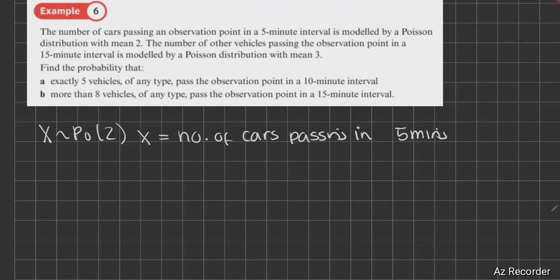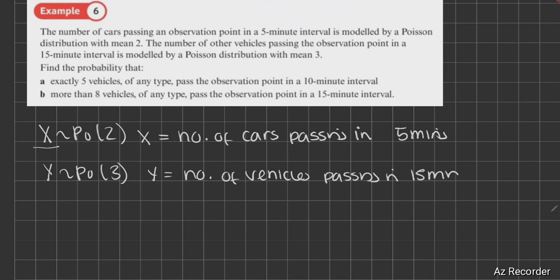The first distribution had a 5-minute interval, so the 15-minute interval is modelled by a Poisson distribution with mean 3. So Y Poisson 3, where Y is equal to the number of vehicles passing in 15 mins.